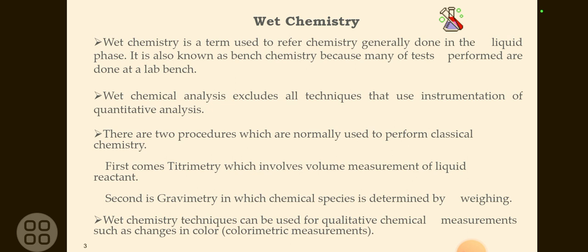For example, in the identification of halogens, like the chloride test or the bromide test, if a compound contains chloride, we perform one test and at the end we get a white precipitate. If that white precipitate is detected in the material, it means chloride is present.